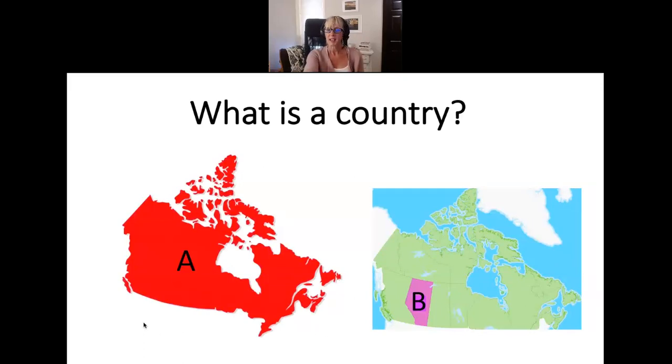What is a country? A or B? Which picture is a country? B is smaller, A is bigger. The answer is A. A is the country of Canada. What is a province? Is it A or B?